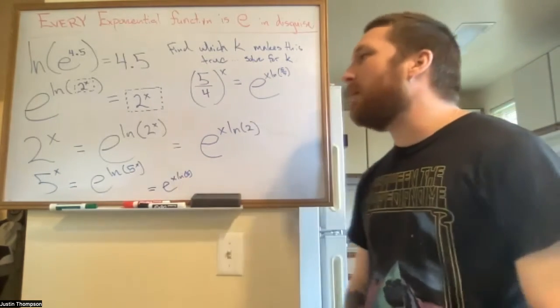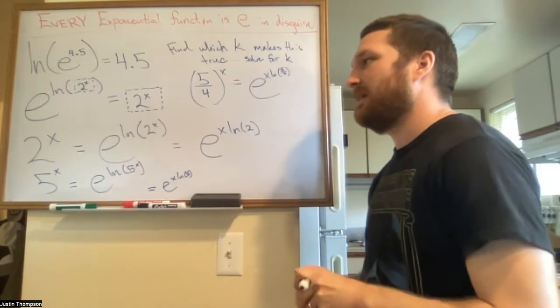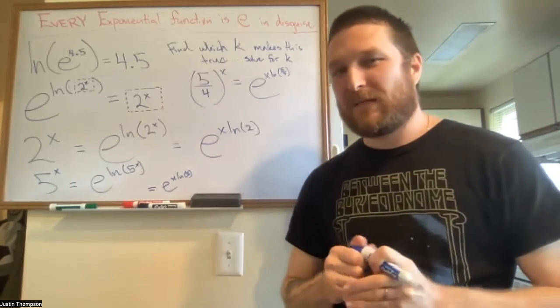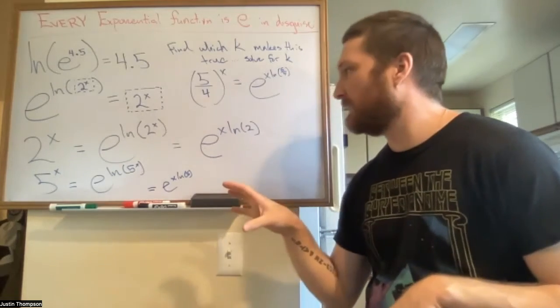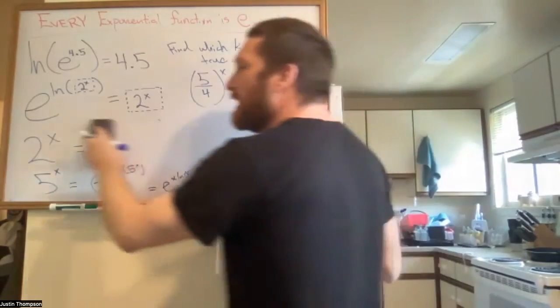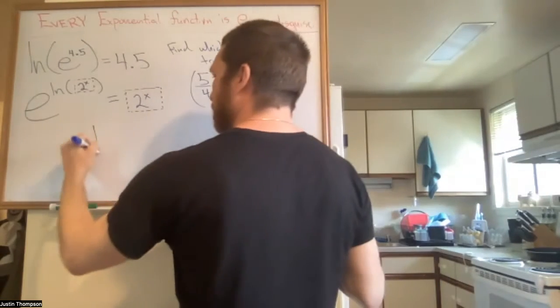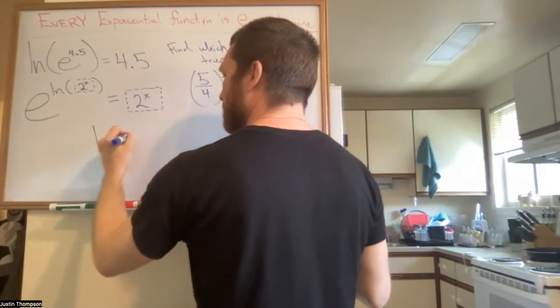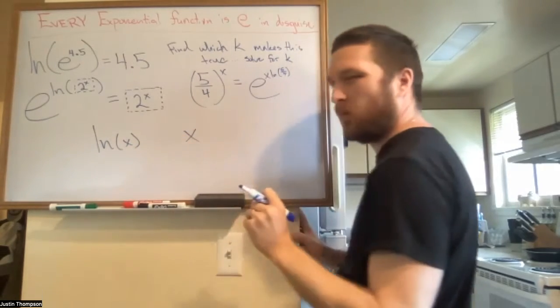The only problem with this is what values can I not plug into log? Right? Because we have a restriction on the domain of log. I can't just plug in any old number. Natural log of some value, whatever goes in there. We must have what's the problem?